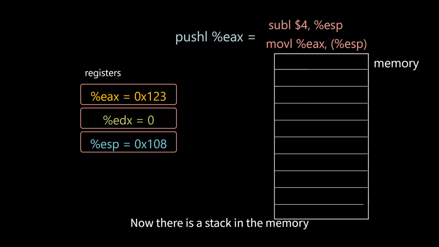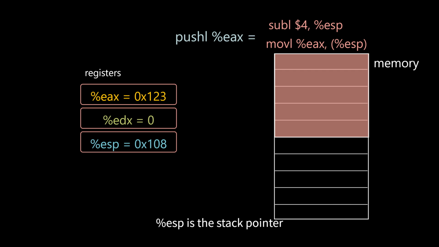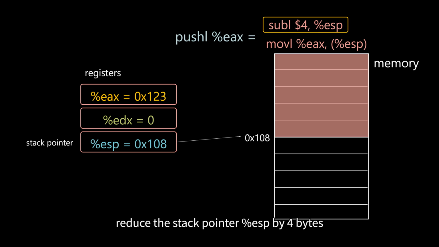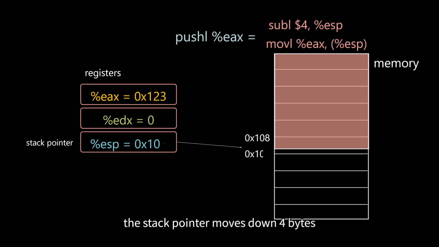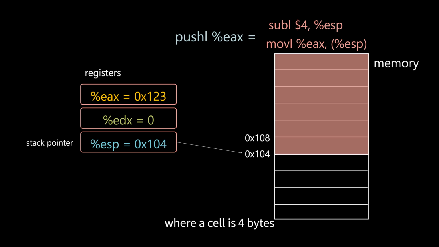Now there is a stack in memory. ESP is a stack pointer pointing to the top of the stack, and the address is 0x108. So in the first line, reduce the stack pointer ESP by 4 bytes. The dollar symbol represents an immediate number, which means just a number. Then in memory, the stack pointer moves down 4 bytes, where a cell is just 4 bytes.